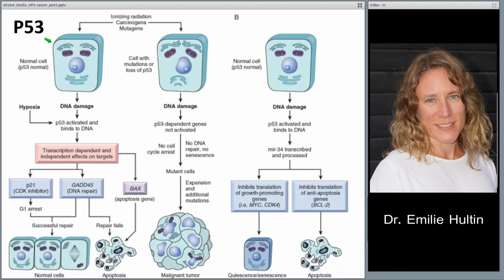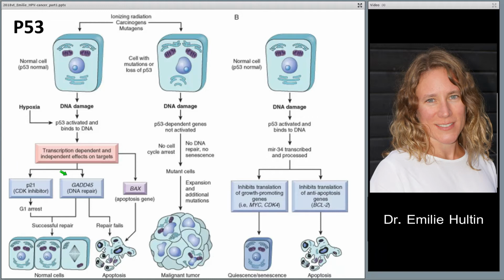When we have some DNA damage of the cell, the p53 is activated and it will bind to DNA. And then it will activate the transcription of different genes. The transcription of p21 will turn the cell into G1 arrest.